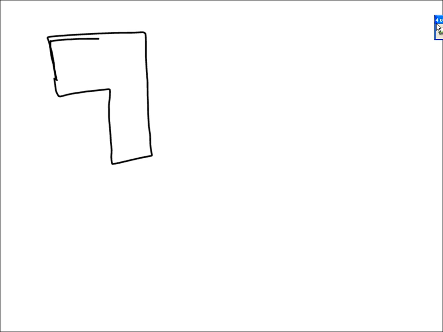Okay, so suppose we have something that looks like this, and we're nice enough to be told that maybe this is 15 and this is 15 and this is 7 and this is 8. We want to find the area.